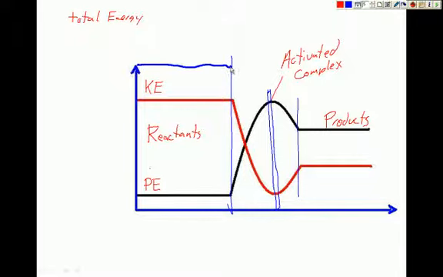If we add these lines the whole way, it stays the same. And if I was good at drawing, this would be a perfectly straight line. So this is our total energy.